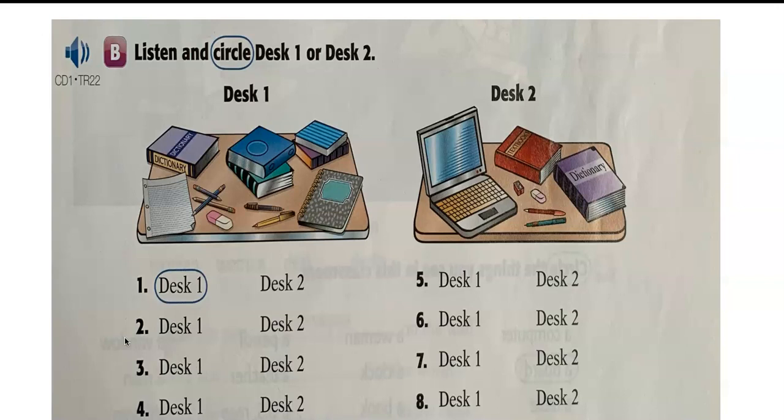There is a pencil sharpener on this desk. 5. There is a computer on this desk. 6. There are 4 textbooks on this desk. 7. There is a piece of paper on this desk. 8. There are 2 pens on this desk.